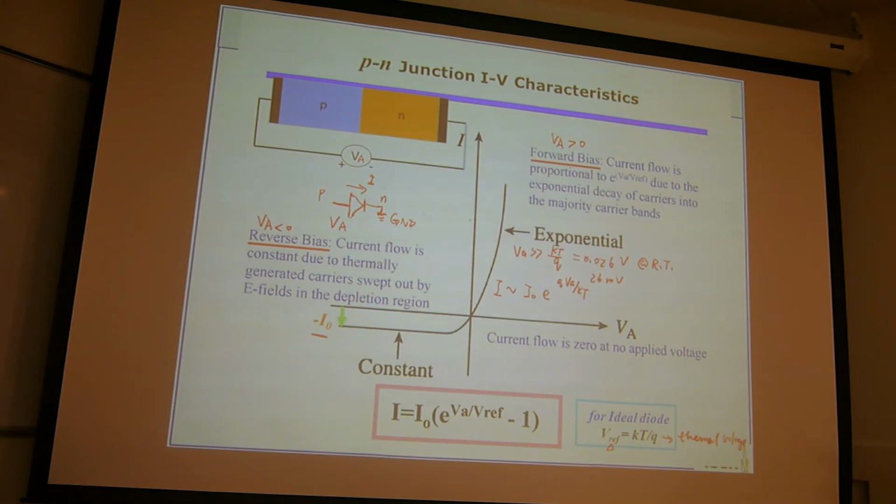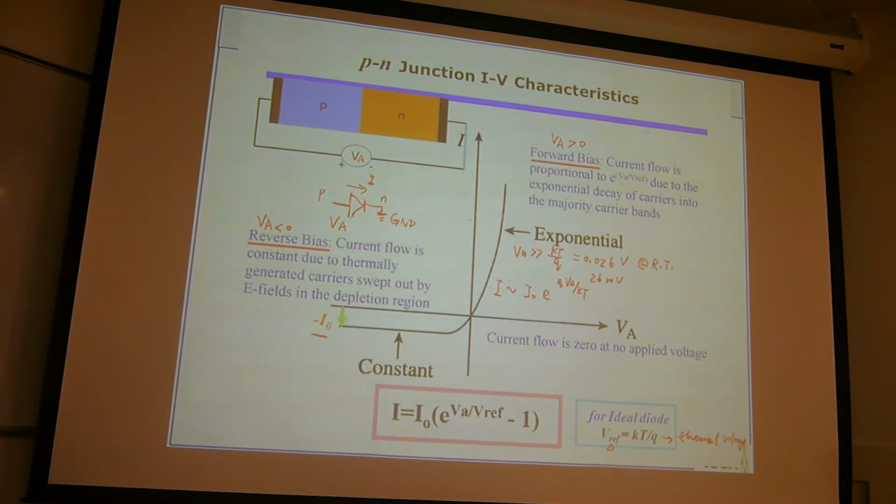This saturation current is very small, so this PN junction is a one-directional device, only allowing the current to flow from the P side to the N side if you have positive voltage on the P side. In integrated circuits, this PN diode is typically used to rectify your current if you want one-direction current flow.